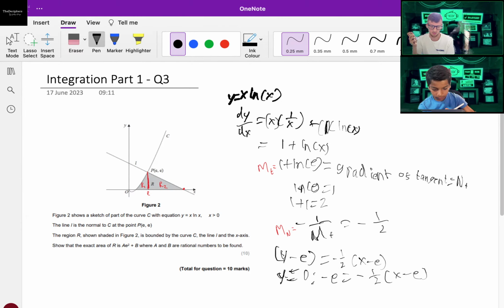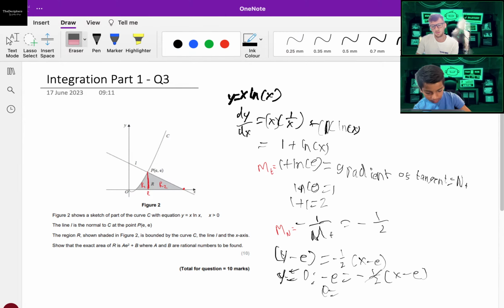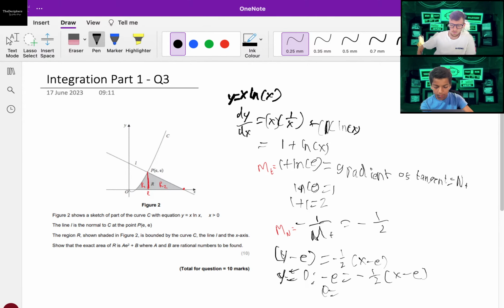What do you think I'd times everything by? By -1? Or even better than -1, -2, because that would get rid of that fraction, get rid of that constant. So yeah, times by -2.